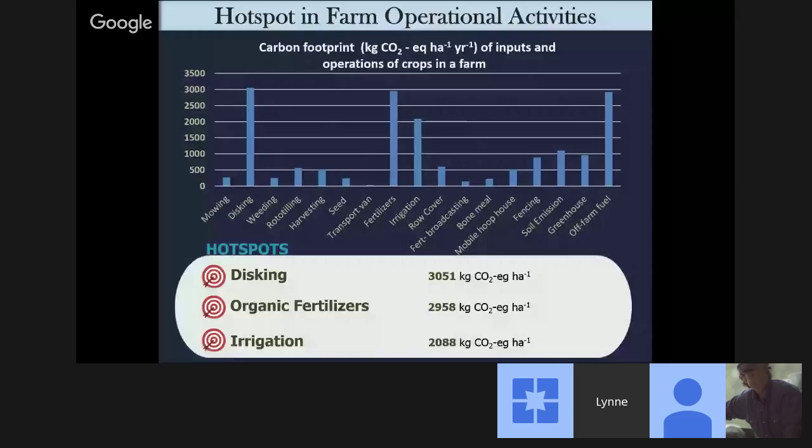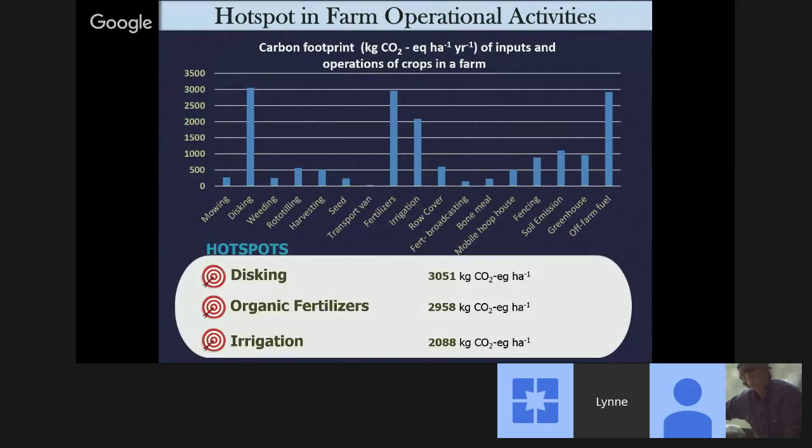Several things would go into the carbon footprint of the disking operation. You would have the fuel use for those operations. You also have the embedded carbon in the tractor and the disc, and then you also have carbon released from those disking operations.